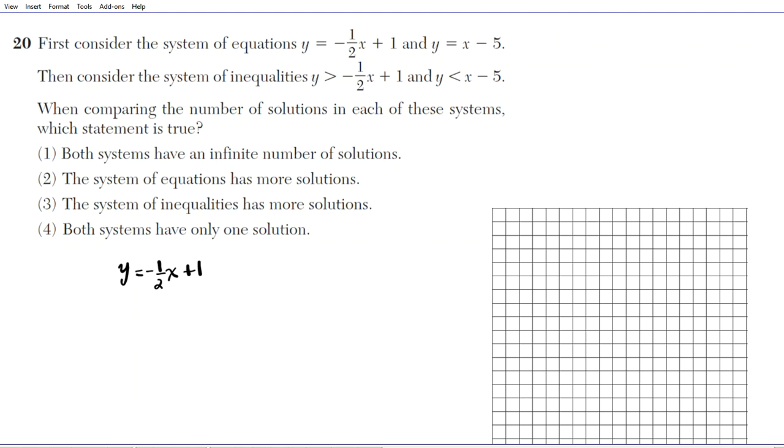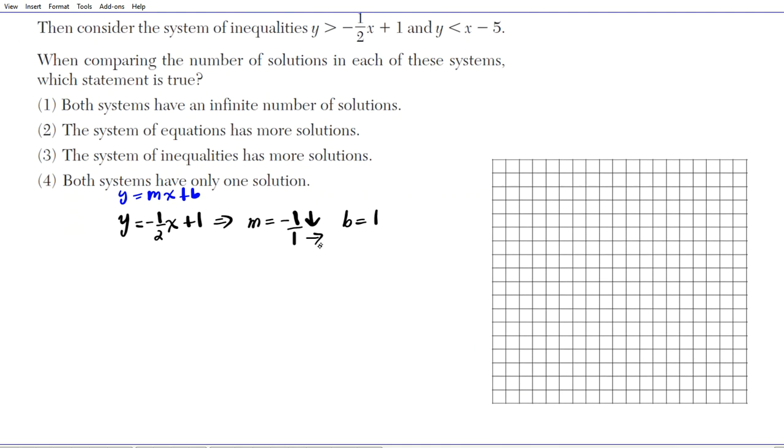You remember y equals mx plus b, okay? m is your slope and b is your y-intercept. So for this setup, your slope m is negative 1 over 2, which means you rise negative 1 and run 2, starting from your beginning point of 1 on the y-axis. That's your y-intercept. Alright, let's go ahead and graph that.